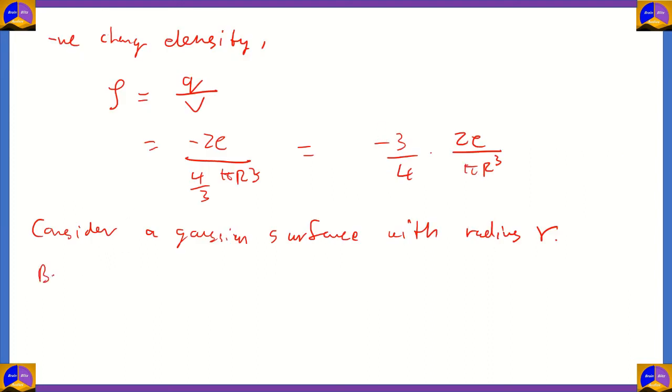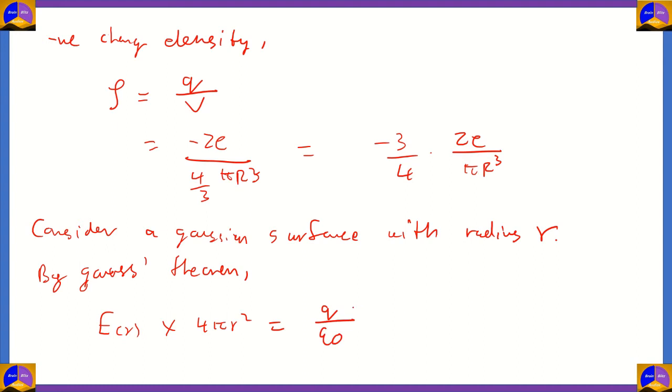By Gauss theorem, you will get the electric field E(r) times the surface area, that is 4 pi r squared, equal to Q divided by epsilon naught.